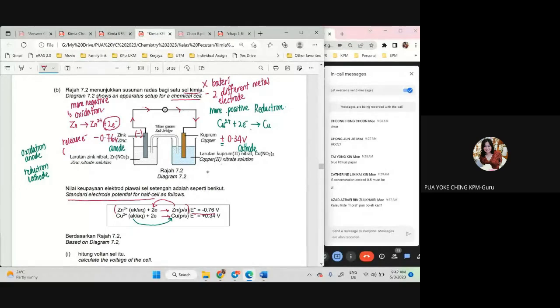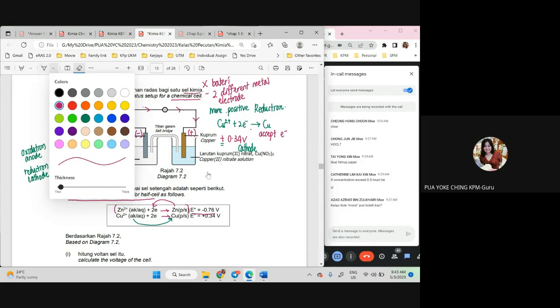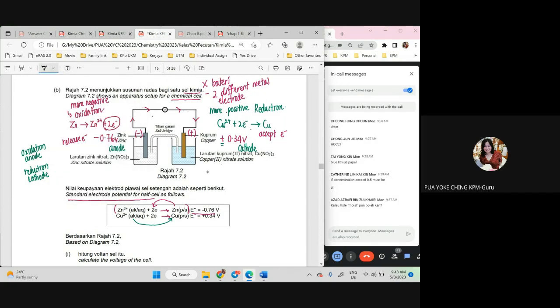So, copper akan accept elektron. So, sini ialah positive terminal. Okay. So, untuk voltaic cell is actually easier, sebab voltaic cell hanya perlu berdasarkan E0 value. So, kalau you remember all the E0 value, then you will remember. Okay. So, elektron bergerak dari negatif sampailah positif.